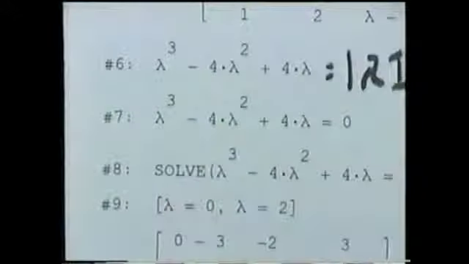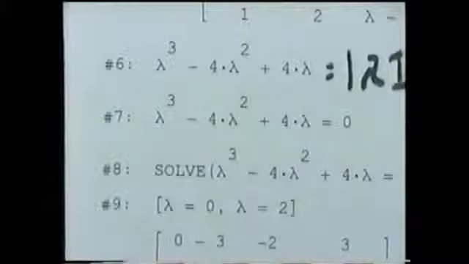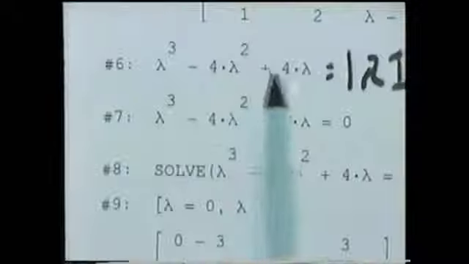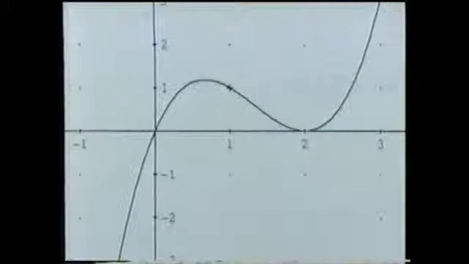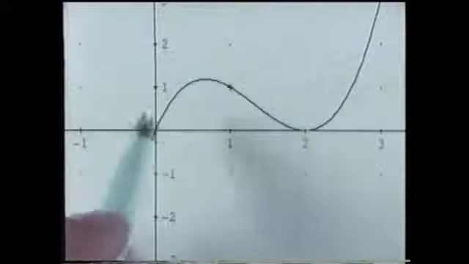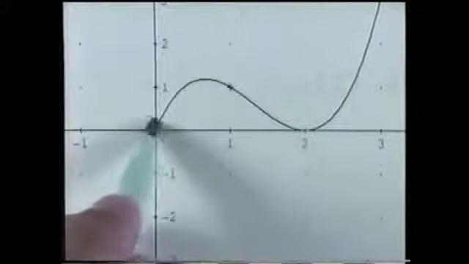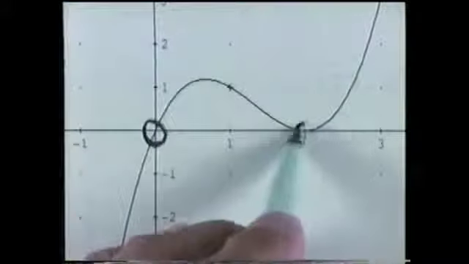While I was still on this one, I had Derive graph it. So I went to Derive and told it to plot. And Derive plotted lambda cubed minus 4 lambda squared plus 4 lambda. So I had Derive plot the characteristic polynomial, and I see my 2 eigenvalues here and here.